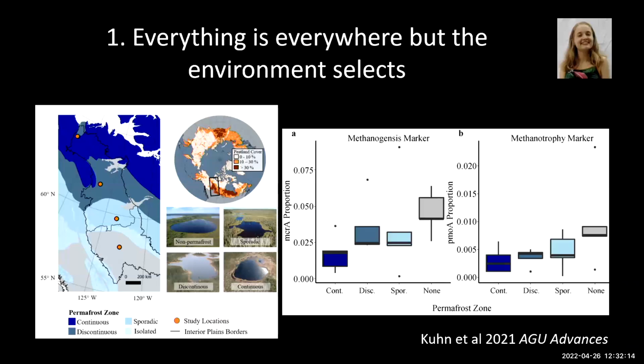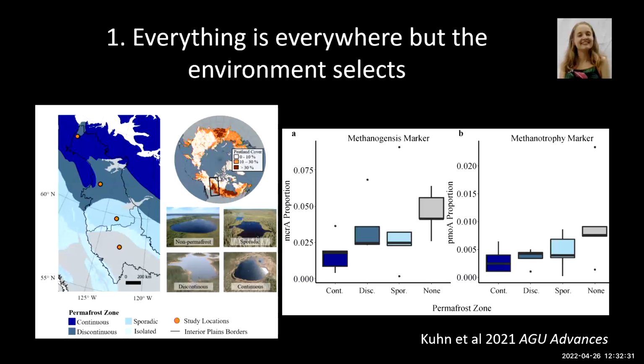And work led by Johanna Winder in our group found that the activity, rather than the taxonomic composition, of microbes again changes along this gradient. And here are some of those data that we've contributed to a really amazing paper led by Kenzie Kuhn at Alberta.